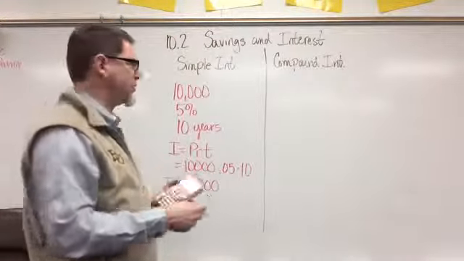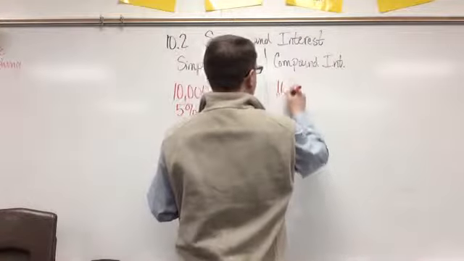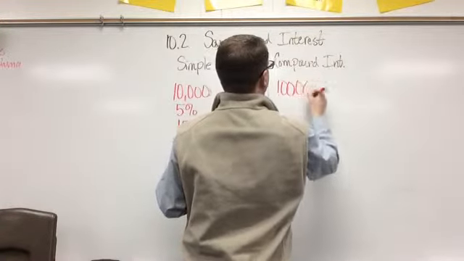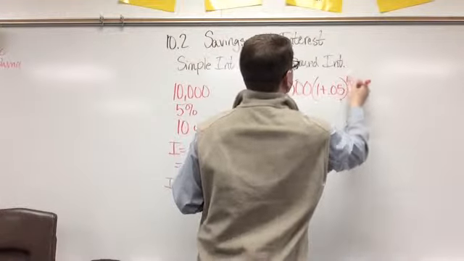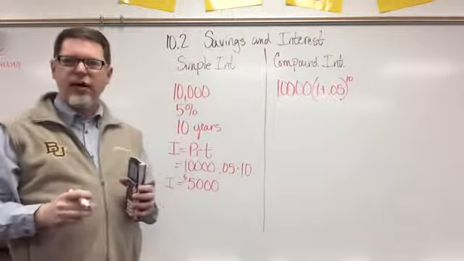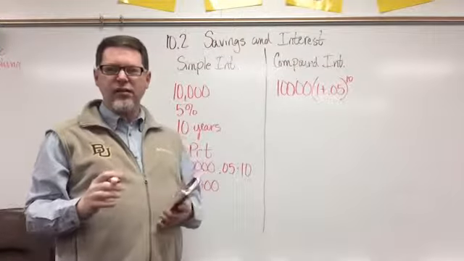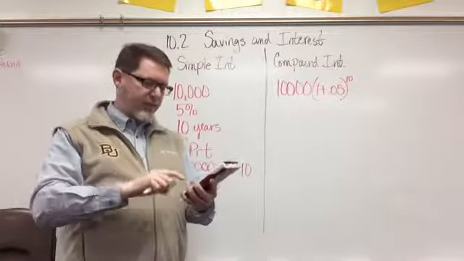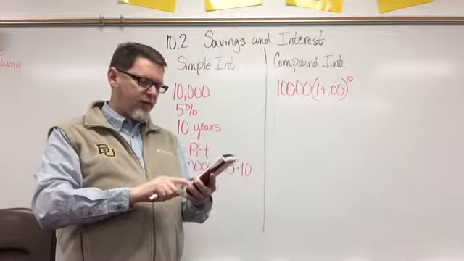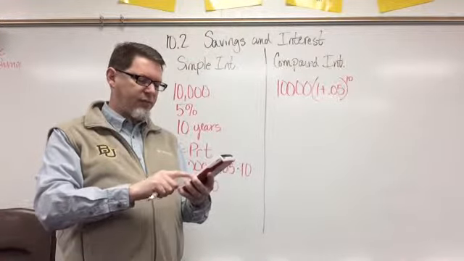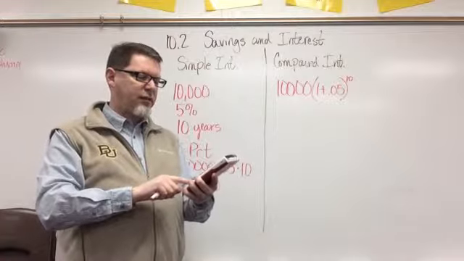Now let's compound the interest and see what happens. So I'm going to take that $10,000 and plug it into my formula. 1 plus 0.05 raised to the 10th power. So after 10 years, how much is going to be in my account? So I'm going to do 10,000, open parentheses, 1 plus 0.05, close parentheses, raised to the 10th power.